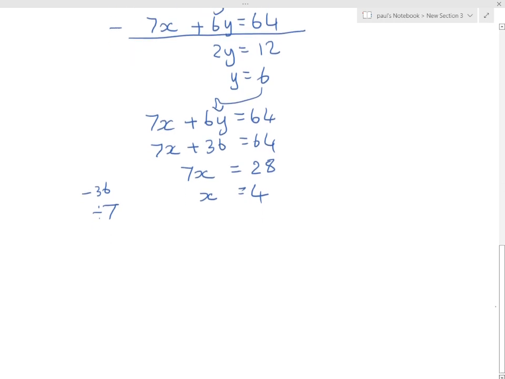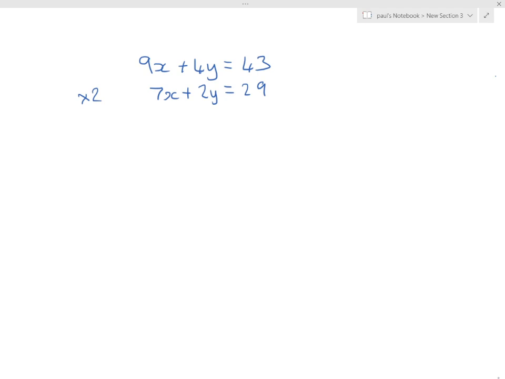Now, sometimes you will be given them where they are not the same. So we've got 9x plus 4y equals 43, and 7x plus 2y equals 29. Right, so there's no matching pair of x's and no matching pair of y's. So what we're going to do is double this one at the bottom, and you double every term.